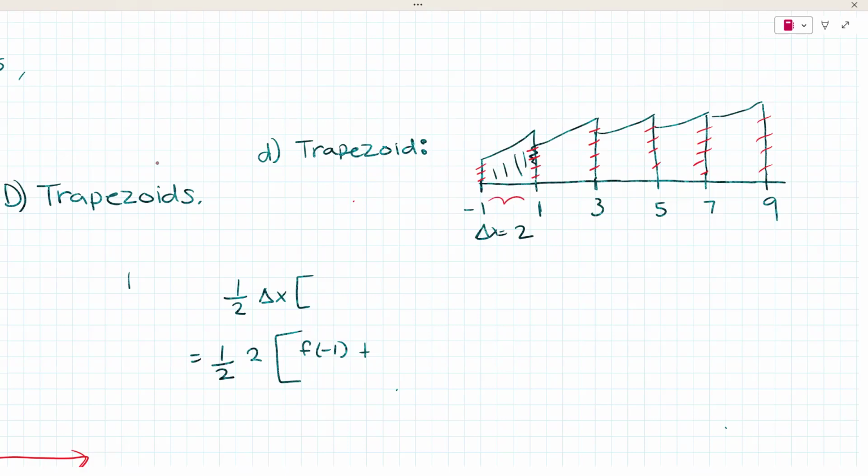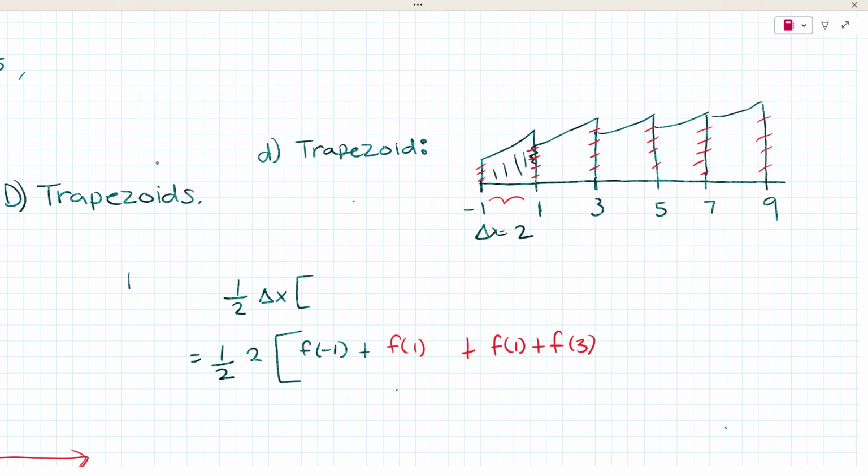So f of -1 plus f of 1 plus, so I took out the height, which is 2, and then it would be f of 1 and then f of 3, right?